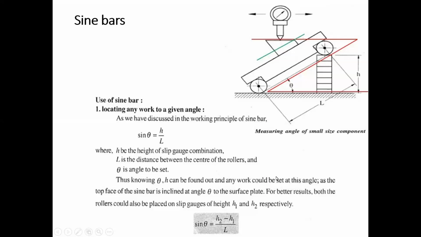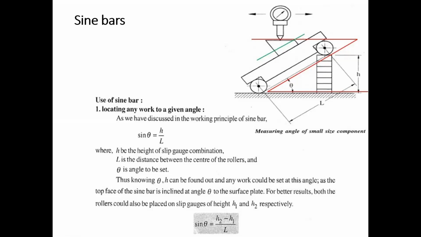If the angle is given, first you have to find the height of the slip gauges. This H represents the height of the slip gauges. By knowing this theta, you can find the height. How to find the height without having L? L is the length of the sine bar, that means the distance between the centers of the two rollers. It is a specified length, it is given, maybe 100 mm or 200 mm as per the sine bar specification.